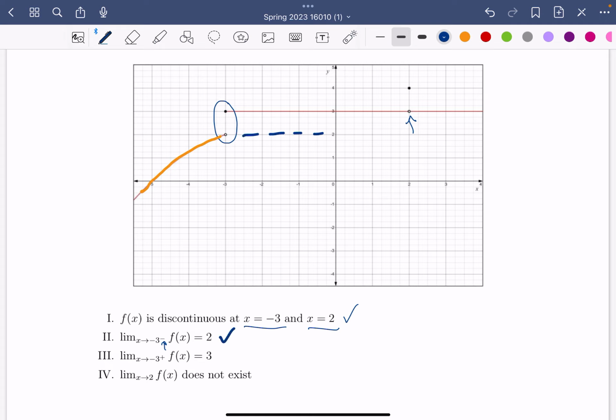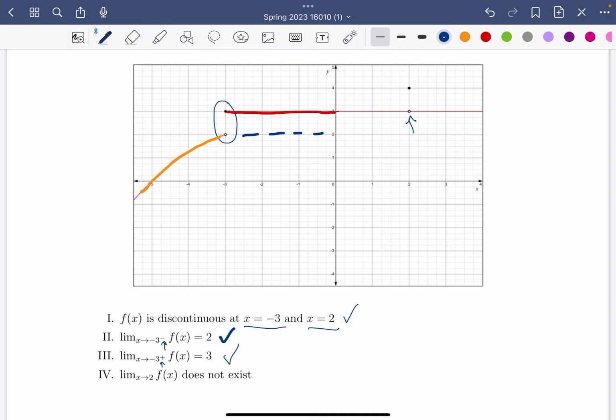Now, for the next one, as x approaches negative 3 from the right side, see the plus sign, f of x equals 3. Again, approaching from the right side, we can see that it does indeed equal positive 3.